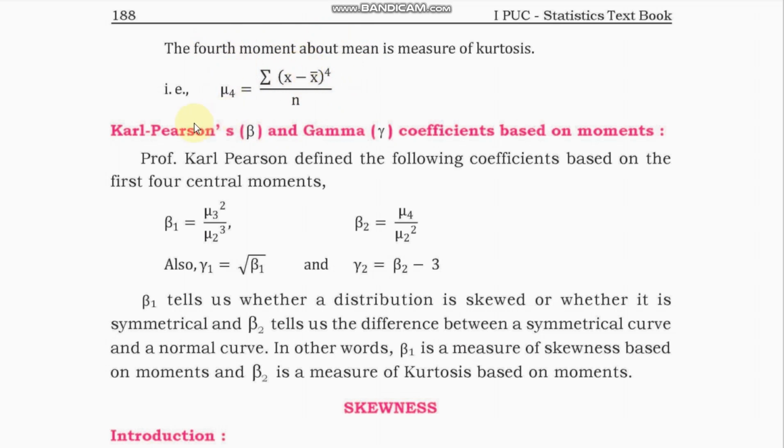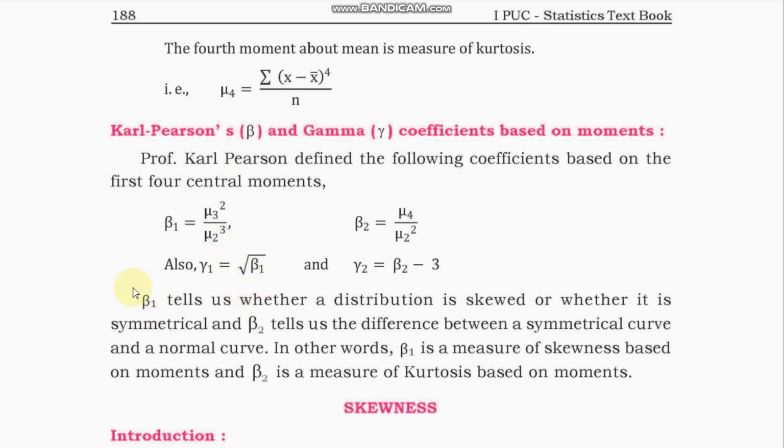Okay. Next, Karl Pearson's beta and gamma coefficients based on moments. Professor Karl Pearson defined the following coefficients based on the first four central moments. So, Karl Pearson's beta and gamma coefficients.